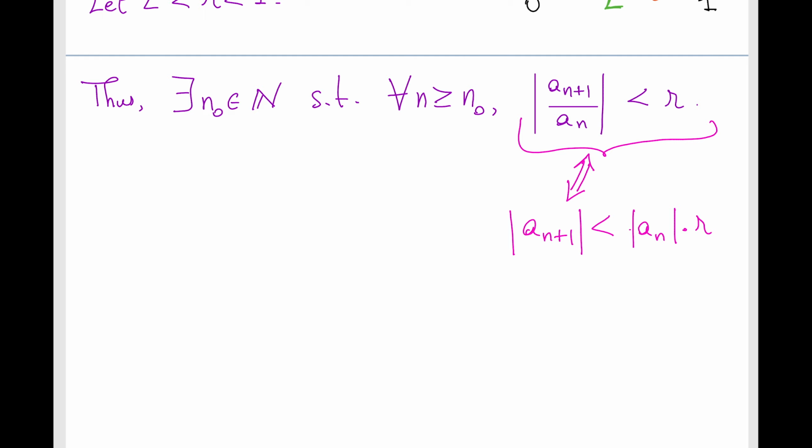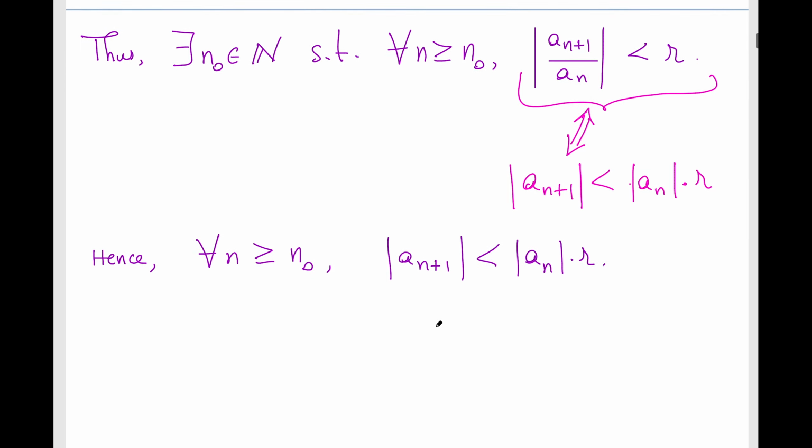Let me summarize it in a new line. So for any n greater than or equal to n naught, that's going to happen. Yes? Very good.